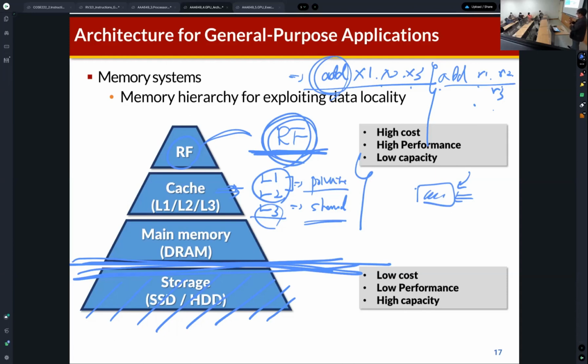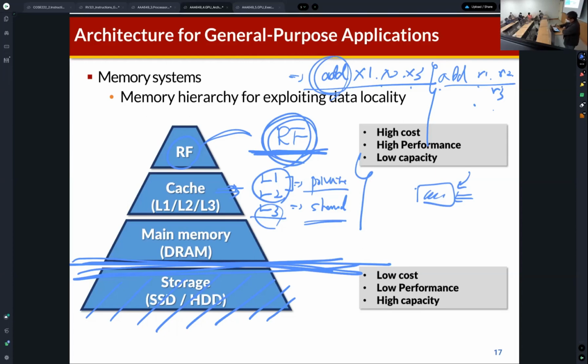In graphics applications, the data movement is fixed: some part of the image is buffered in the scratchpad memory in the GPU, and only this part is used for processing. Then the partial results are stored in another scratchpad memory, and then delivered to the main memory, something like that.